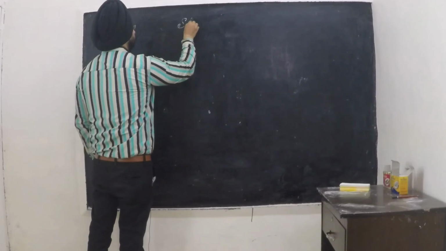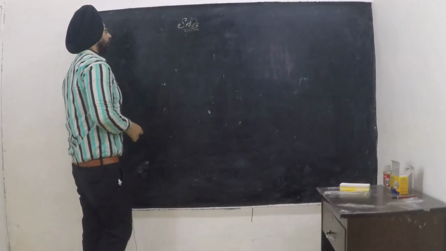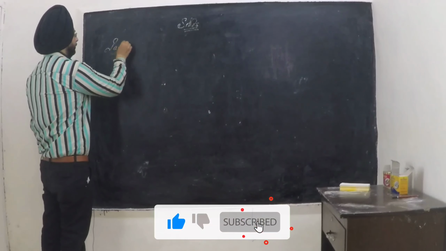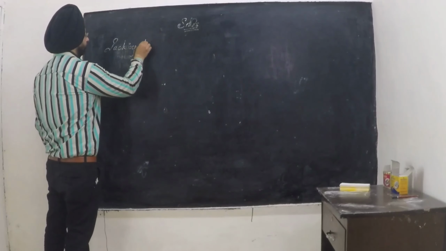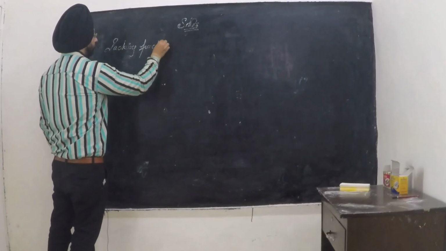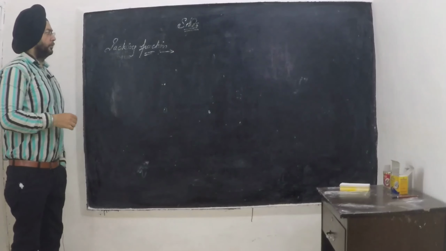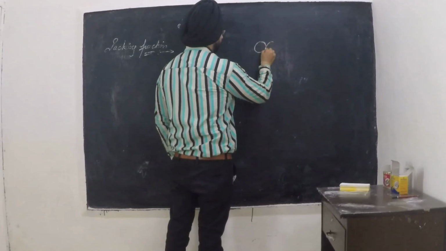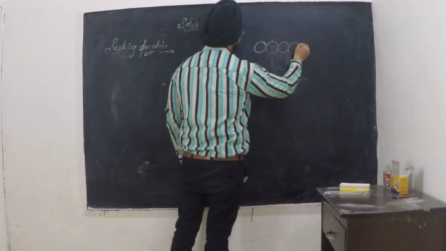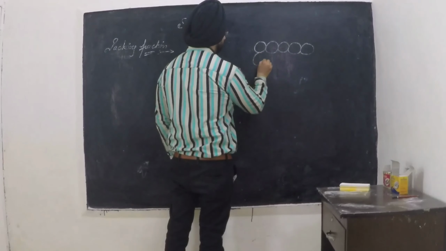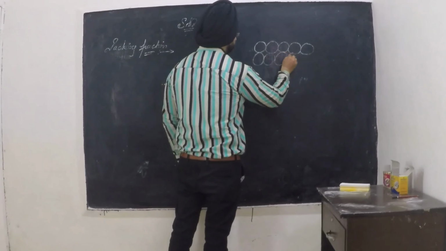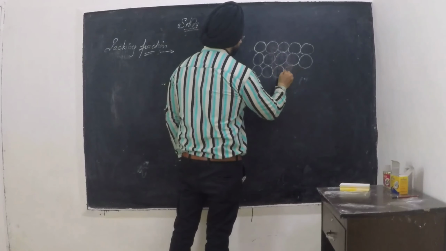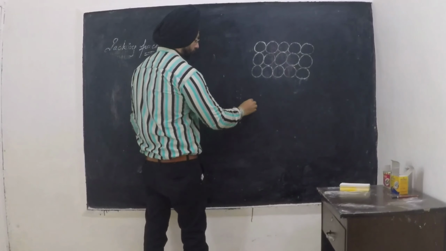So we are starting again. The chapter is solids, but the topic is packing fraction. So what is packing fraction? Actually, whenever small atoms are placed in contact with each other, either in this configuration or they can also be placed like this.